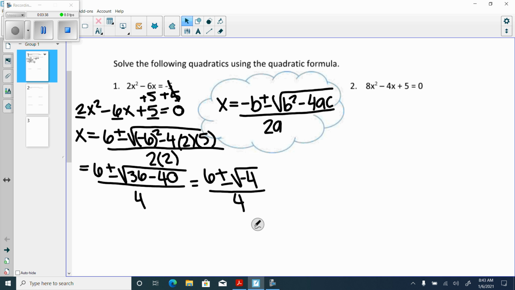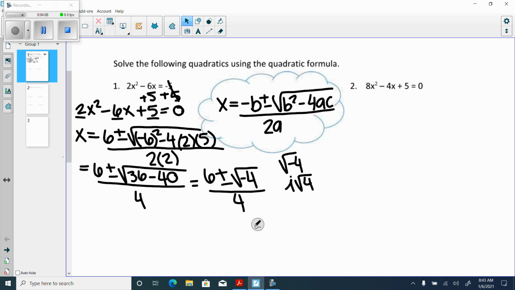Okay, now we have to simplify what's under the radical if we can, right? We know we can't type this in our calculator because it's just going to say error, or no real numbers. So, from what we learned yesterday, how can I rewrite that? What do I have to do when there's a negative under the radical? I. So I would pull out an i. And then it's a positive 4 under there, right?